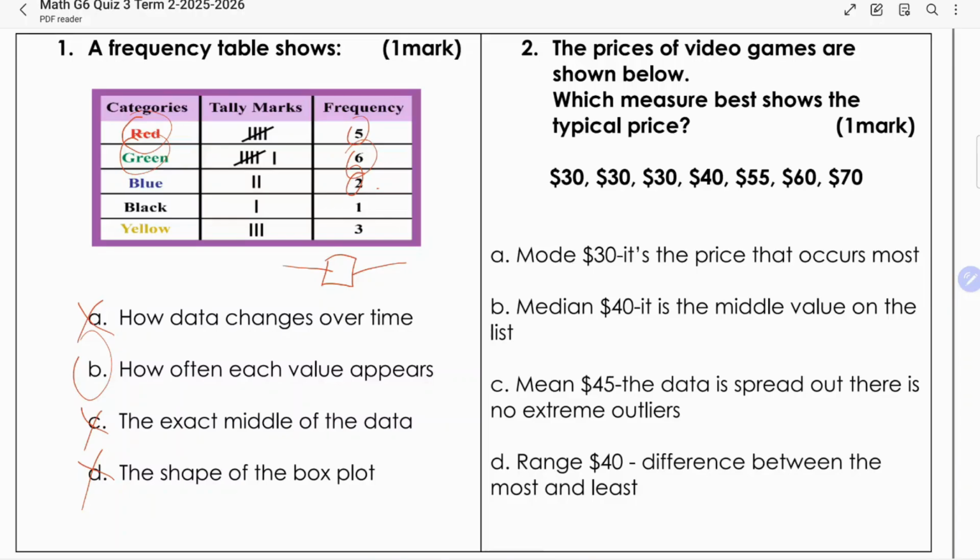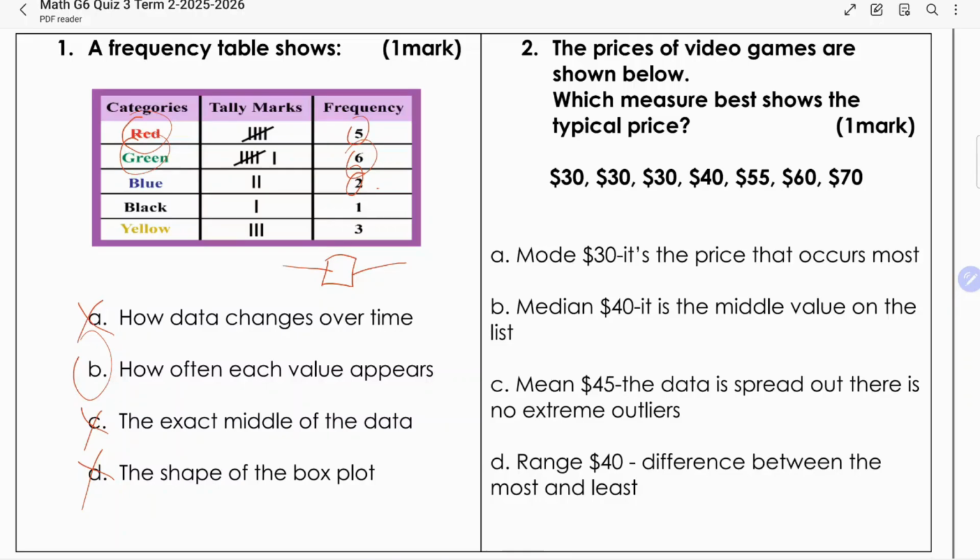So that's pretty straightforward. Now let's look at question 2 in section B. It says the prices of video games are shown below. Which measure best shows the typical price? Now, typical, I know a few students got confused about this because typical can mean common in everyday English.